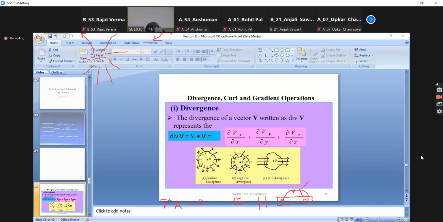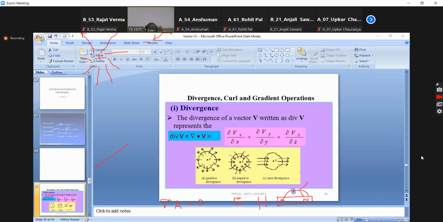Because the rate at which it is, जैसे ये जो स्टेटमेंट है ना, ये स्टेटमेंट उसको एप्लीकेबल होता है. The rate at which, suppose you consider a small volume here. Volume एक कोई भी एक क्यूबॉइड या कुछ भी अज्यूम करो यहाँ पे. सो जितने मैग्नेटिक लाइंस अंदर आएंगे उतने ही बाहर जाएंगे.